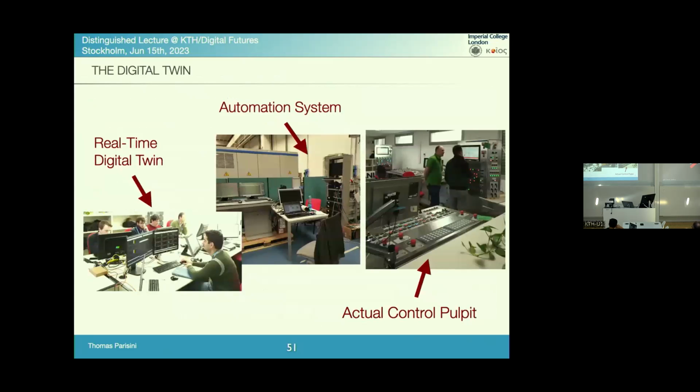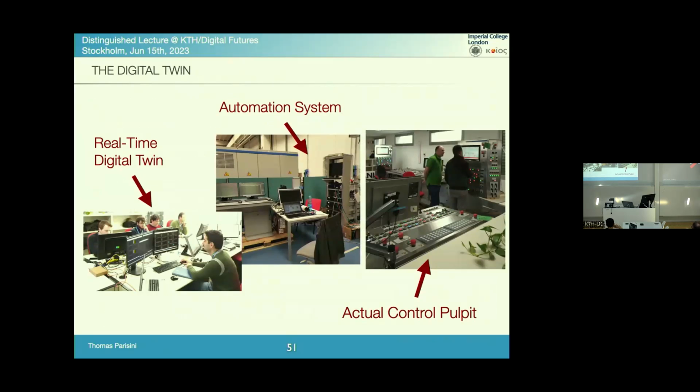Let me now go over some results. This is an actual implementation that has been delivered already. Here you have the computer and the monitors that give you information about all the variables. That is interesting because if you have a model that runs in real time, you can also look at the internal variables that might be interesting.